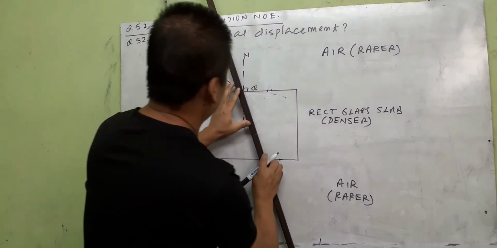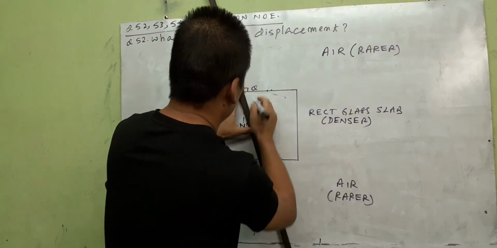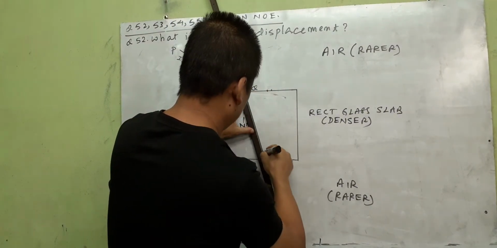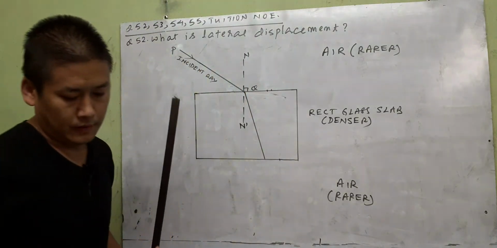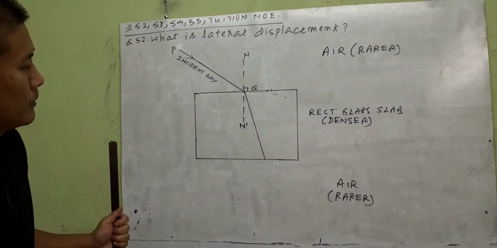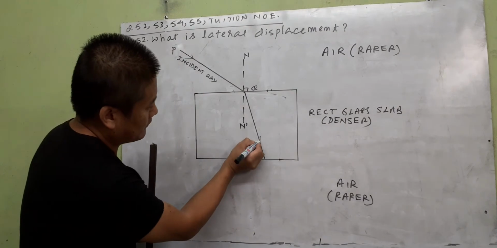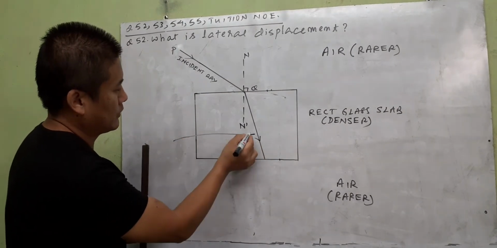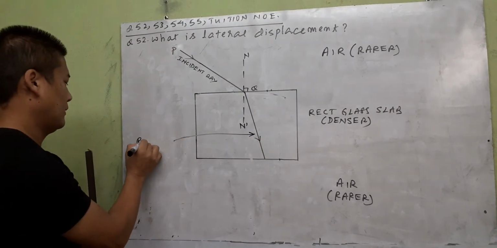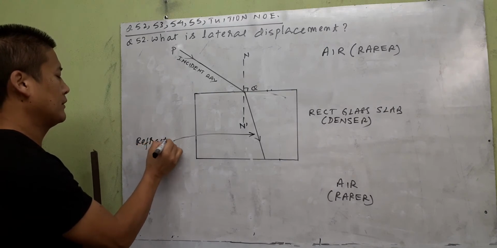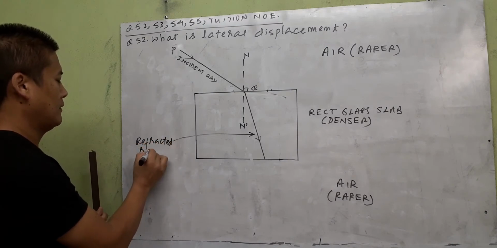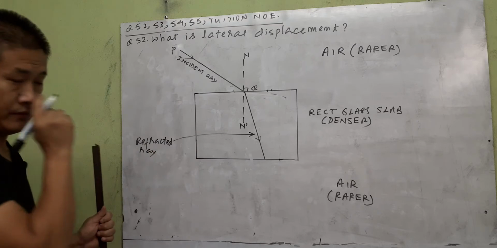So it will bend like this and come like that. This ray is called the refracted ray. Just draw along with me, you'll understand it very easily. This is the incident ray, and this is the refracted ray.